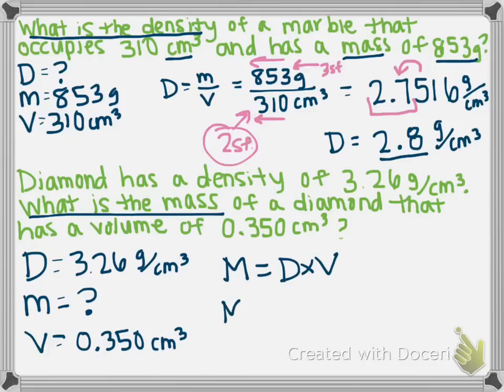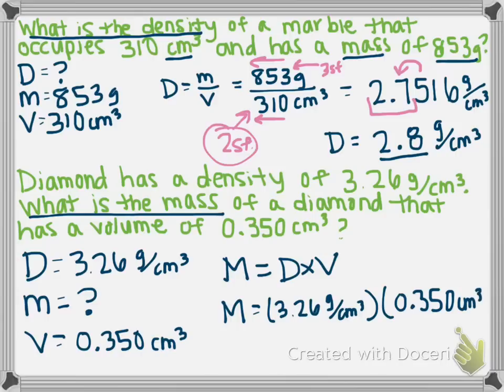Okay, so in this case my mass equals my density, which is 3.26, times my volume, which is 0.350 centimeters cubed. Okay, if I multiply that out, you should get 1.141. And I'm solving for mass, so this would be grams.